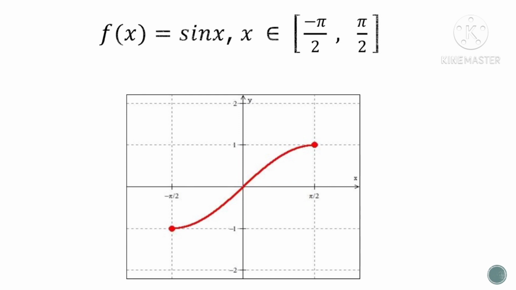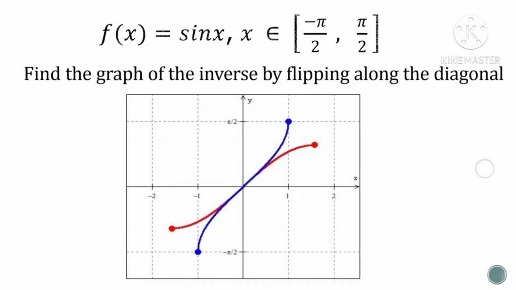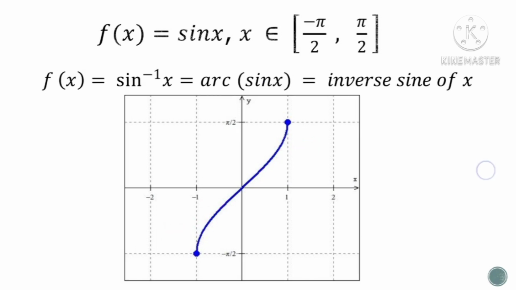Now find the graph by flipping along the diagonal. So we get the graph for f(x) equal to sin inverse x. It is also denoted as arc sin x or inverse sine of x.